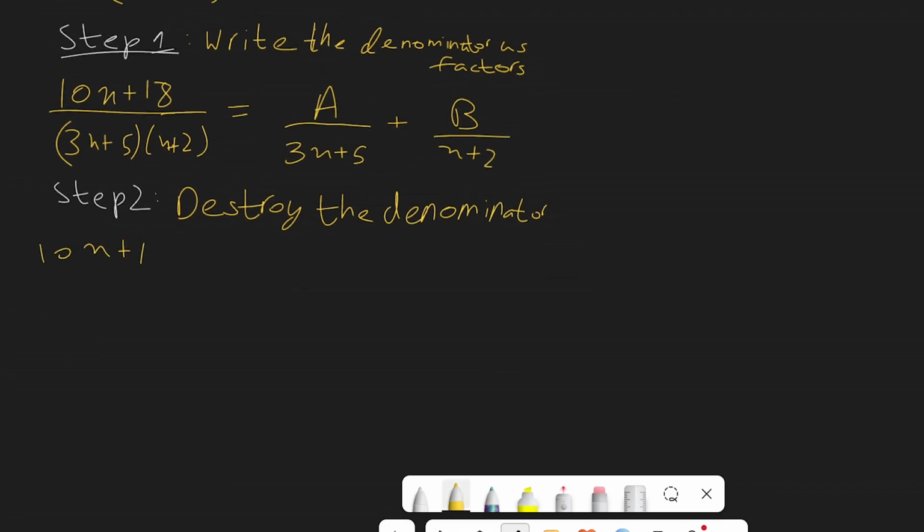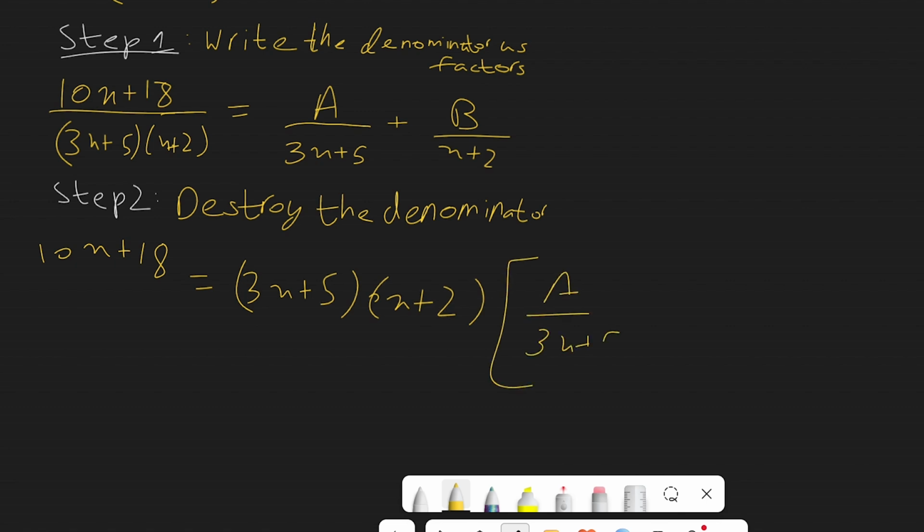10x plus 18 is equal to a into 3x plus 5. Basically, as there are two terms on the right hand side, both terms will be multiplied by this denominator. For simplicity, I could just write it first as 3x plus 5 into x plus 2, multiplied by a over 3x plus 5 plus b over x plus 2.